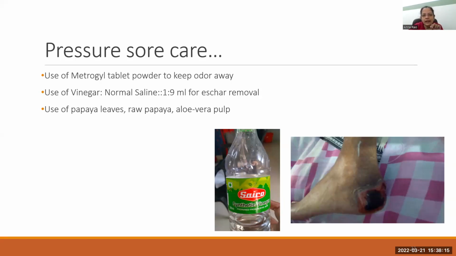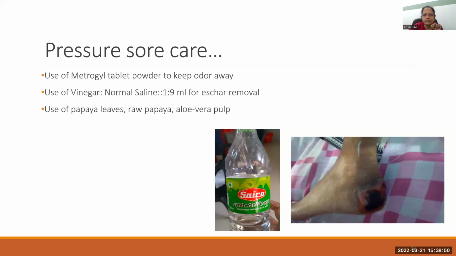These things may not be mentioned in our textbooks, but in local regions, many people use them. Even aloe vera pulp is used for bed sore dressing. There you need to remove the skin, take the pulp, apply it directly over the dressing material, and then put the dressing material over the bed sore. In that way it is done.